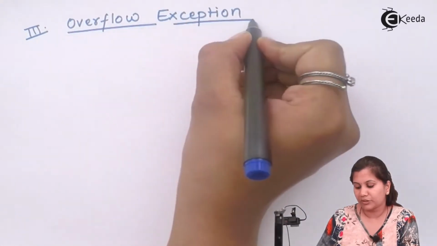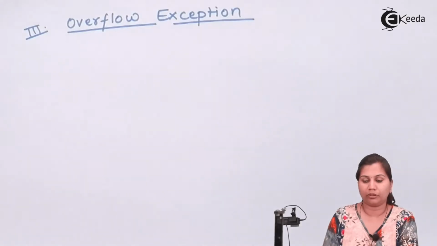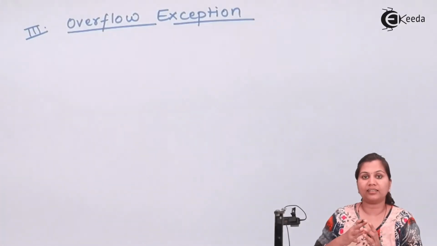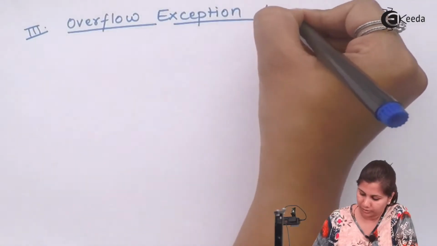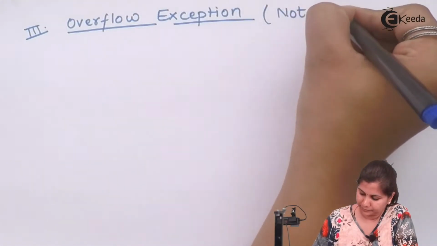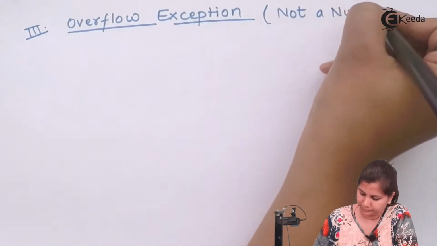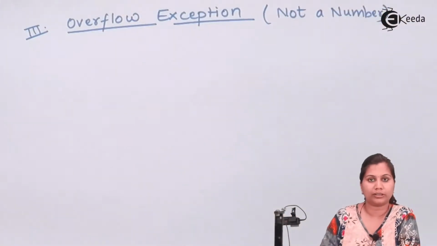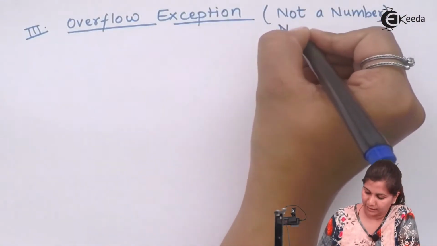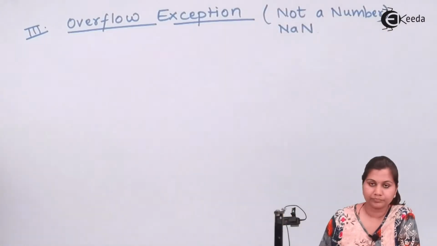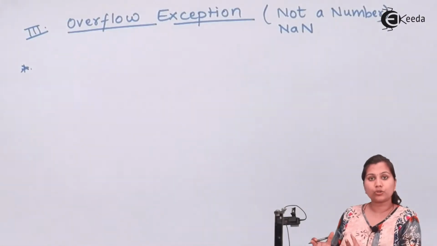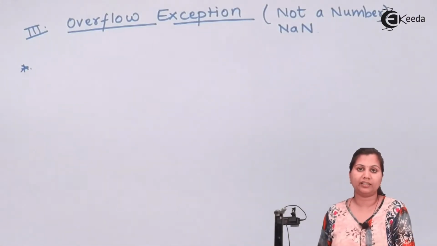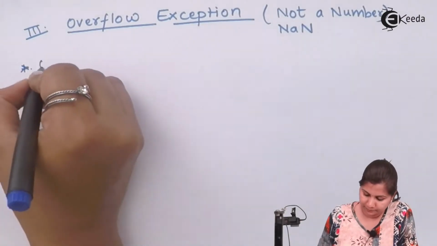Just like underflow is known as the denormal number, overflow means that the number is too large, also known as not a number, that is NaN. Now this error occurs if the result is too large to be specified in the given format.